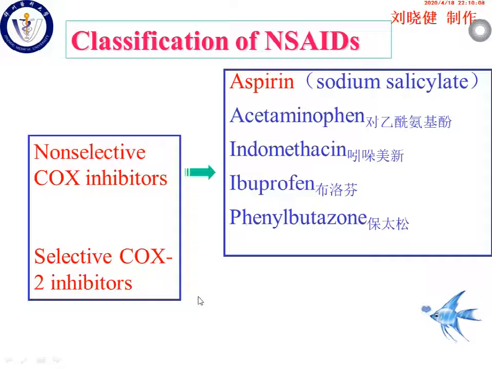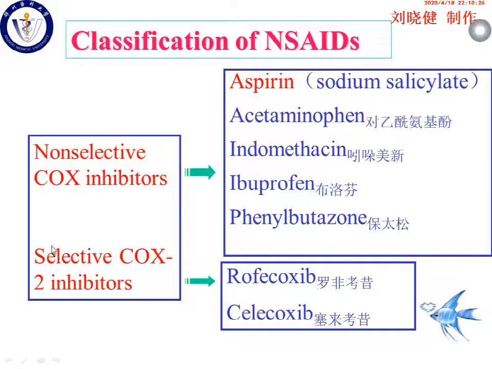Because COX-2 is an inducible COX, its activity is usually elevated during the process of inflammation. So selective COX-2 inhibitors, compared with non-selective inhibitors, have relatively fewer adverse reactions.